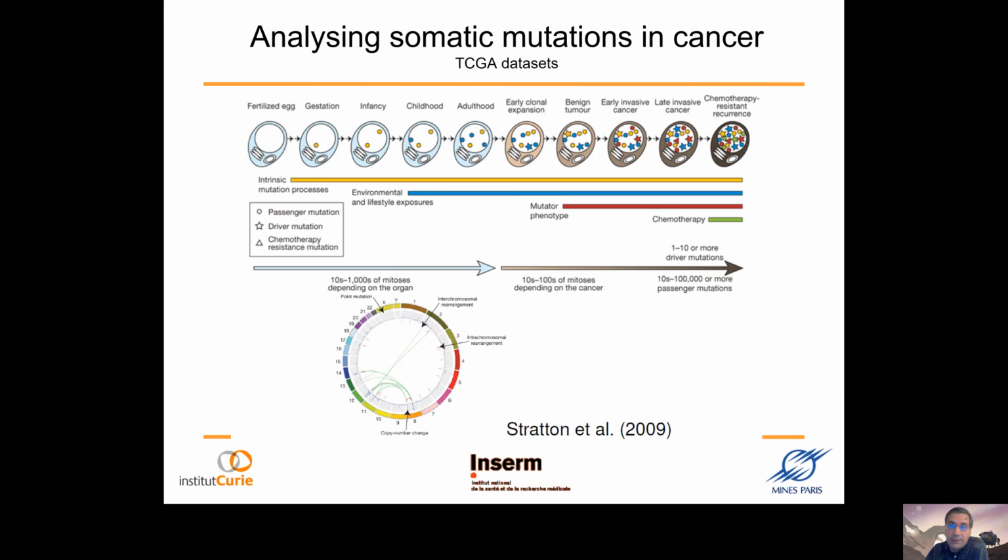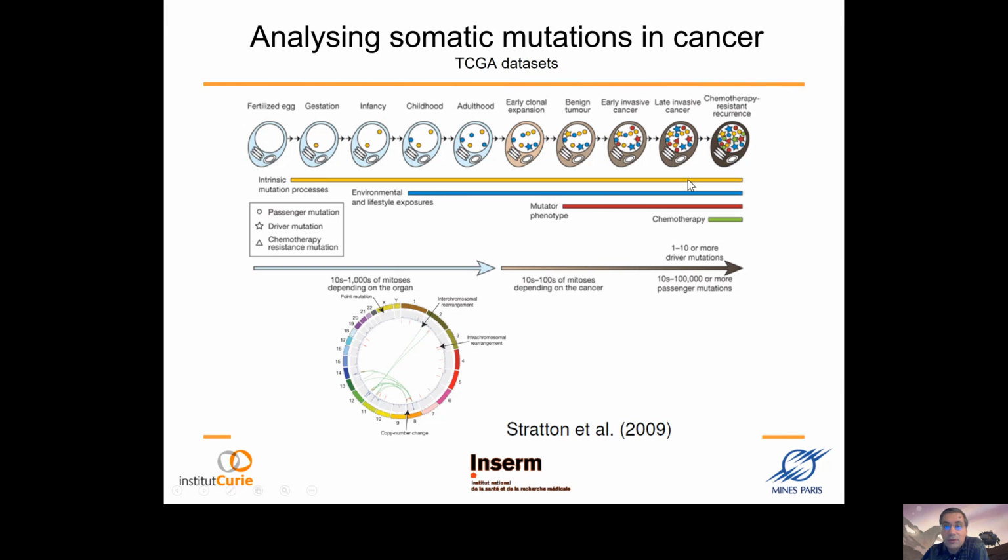And starting from this point, the process of accumulation of mutations might significantly accelerate, which leads to early invasive cancer, late invasive cancer, and then at some point cancer might be treated by, for example, chemotherapy, which also affects DNA. And in the worst scenario, the tumoral cells are converted into those cells which are chemotherapy resistant, so they don't respond to therapy.